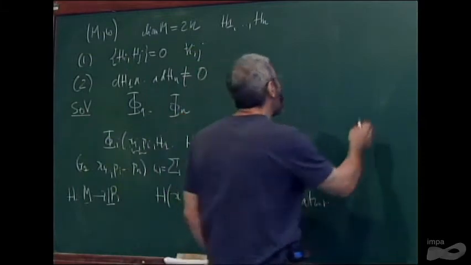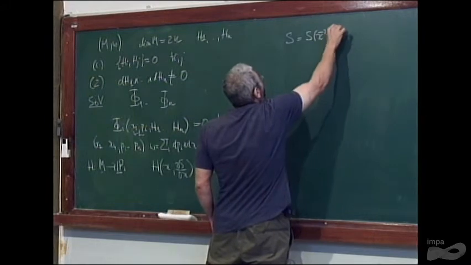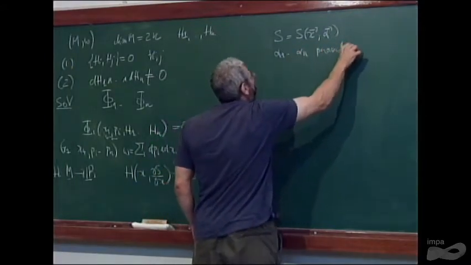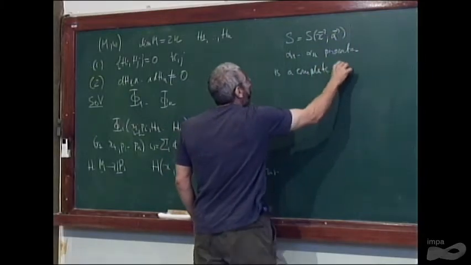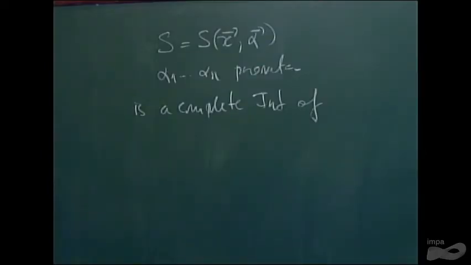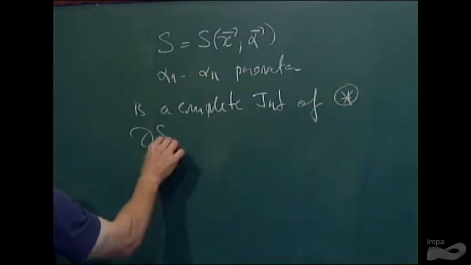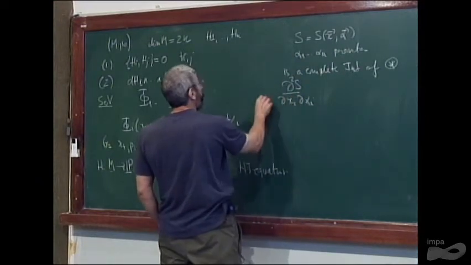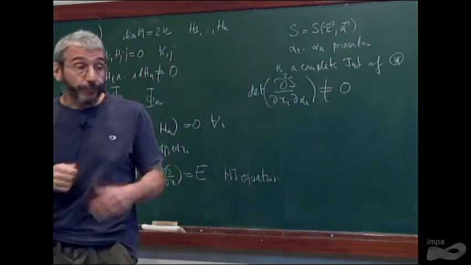And classically, we say that S, which is a function of x and alpha, where alpha are parameters, is a complete integral of this equation when this condition here is verified.